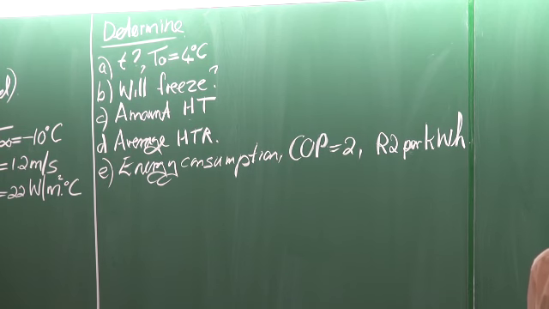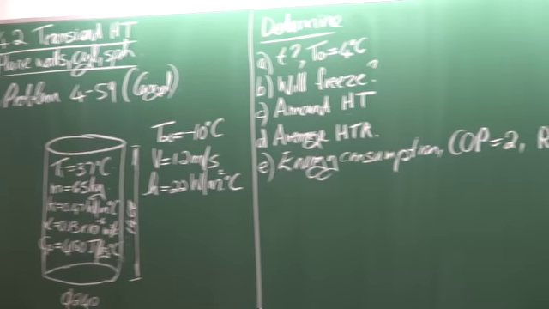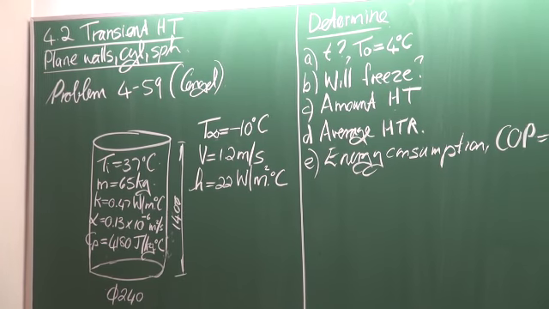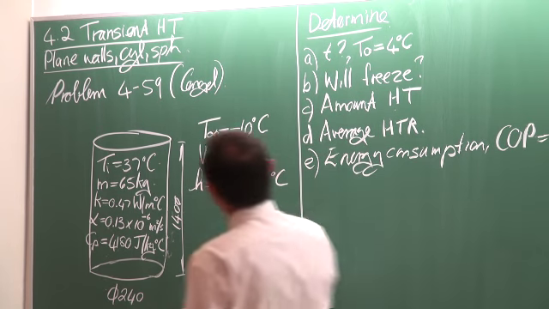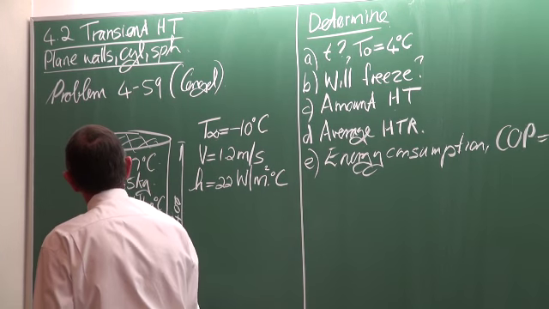A 65 kilogram beef carcass, K value is given, alpha given, etc. Initially at a temperature of 37, to be cooled by refrigerated air at minus 10, flowing at a velocity of 1.2 meters per second. Average heat transfer coefficient 22, treating the carcass as a cylinder, diameter and length given, disregarding the heat transfer from the base and the top. So we say there's no heat transfer from that surface and no heat transfer from that surface.